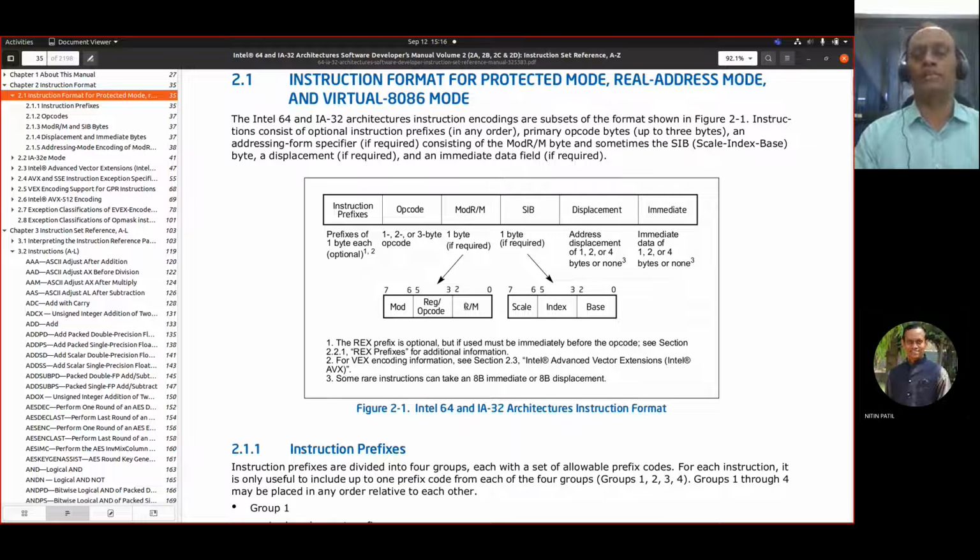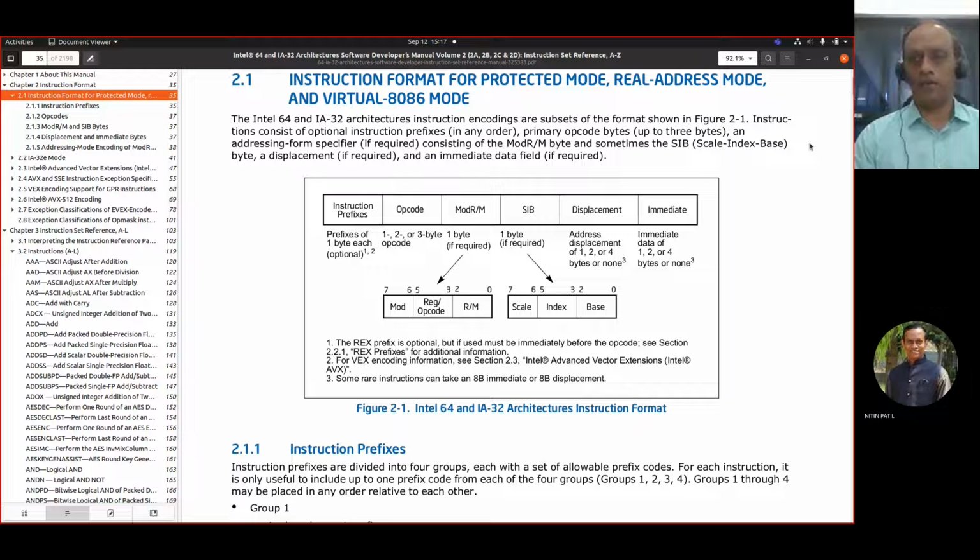But the first operand could be a register or an address. So the destination register information would be added into the least significant 3-bit positions. And in the middle, leaving apart the first two from the MSB side and 3 from the LSB side, the remaining 3 would be used for your source register.